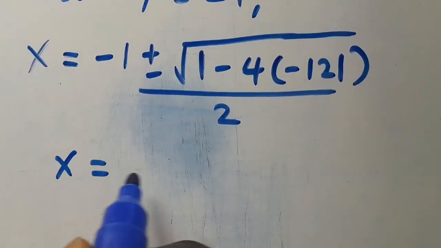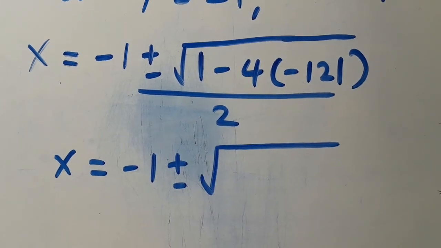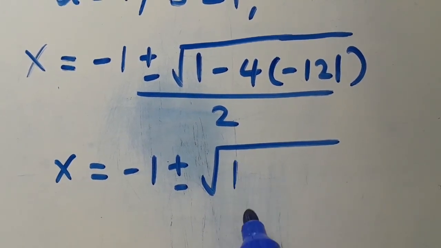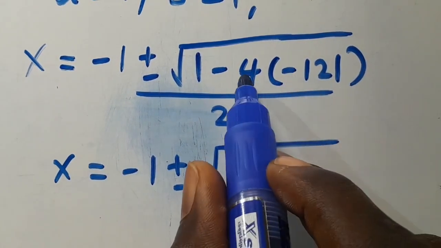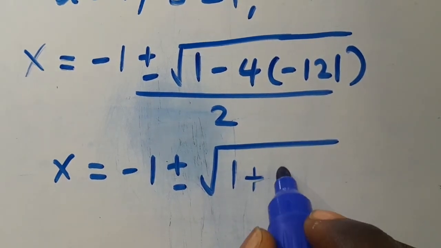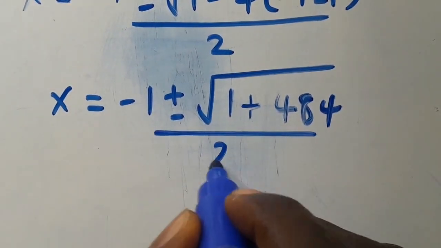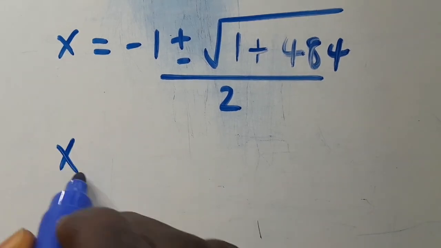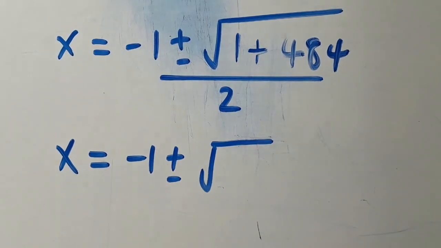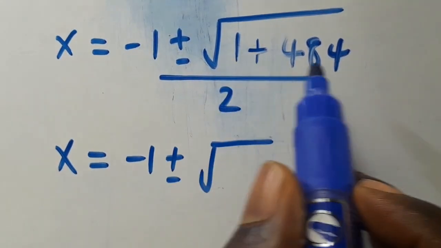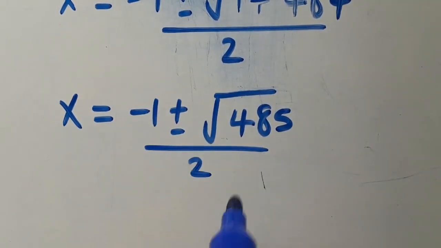So we have x equals minus 1, positive or negative, root of 1. From here, minus times minus will be plus, 4 times 121 will be 484. Then all divided by 2. Then we have x equals minus 1, positive or negative, root of, from here, 1 plus 484 will be 485, divided by 2.